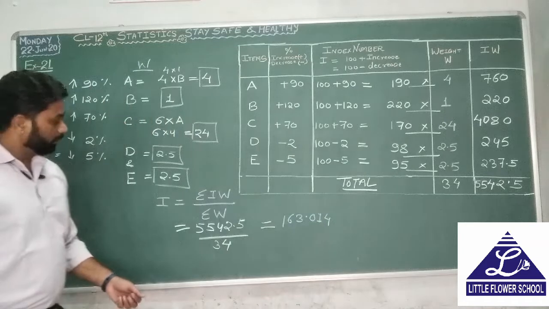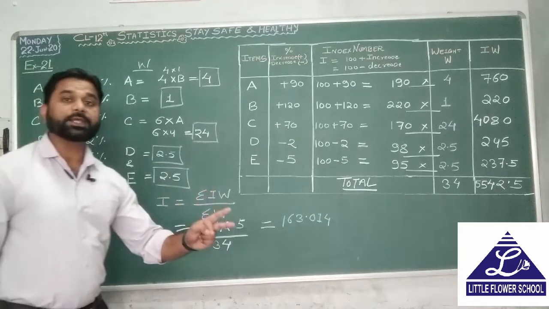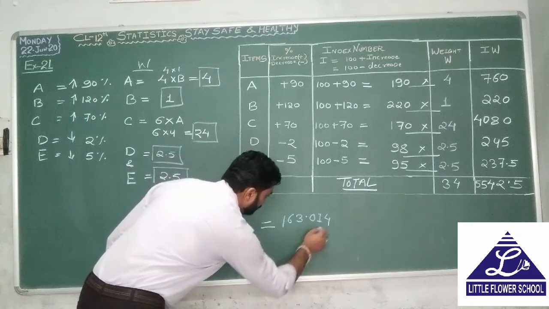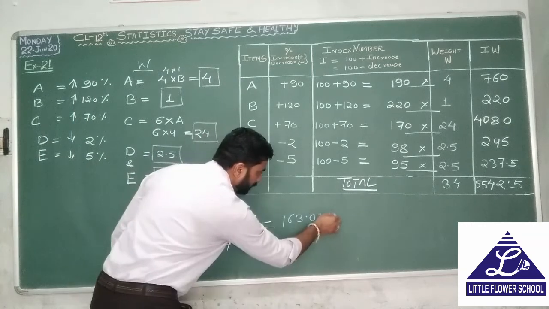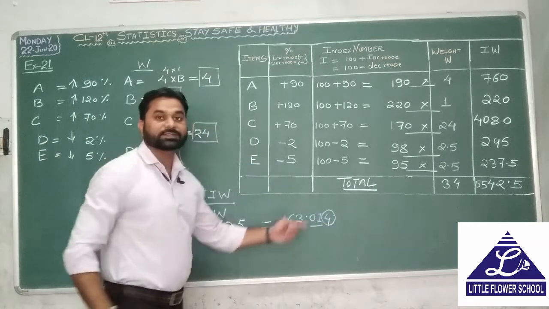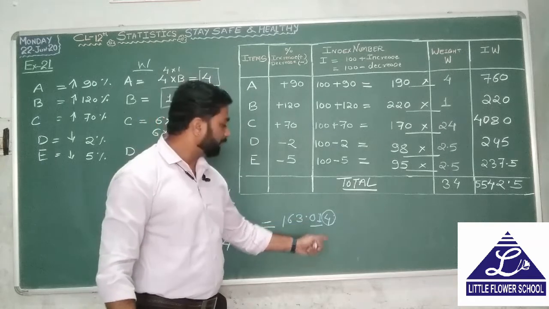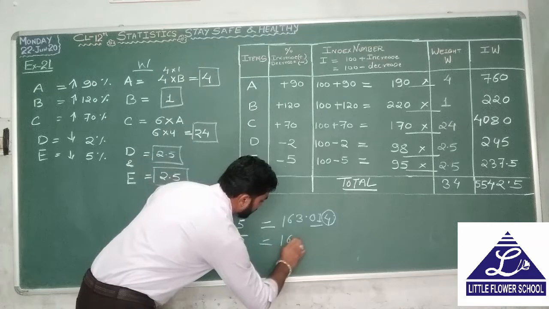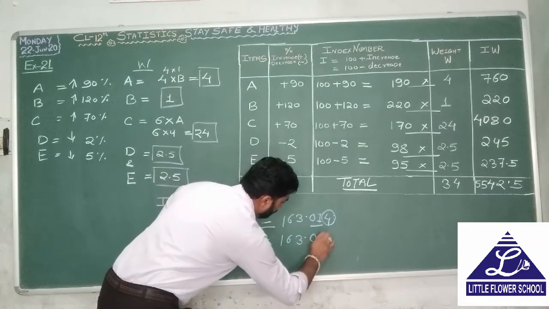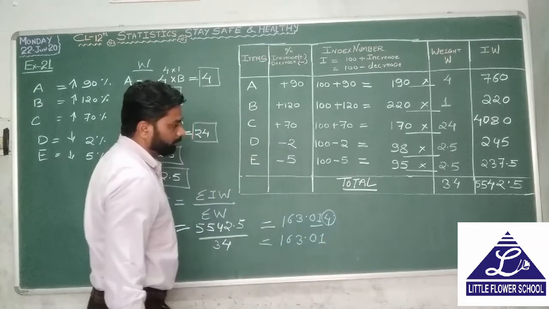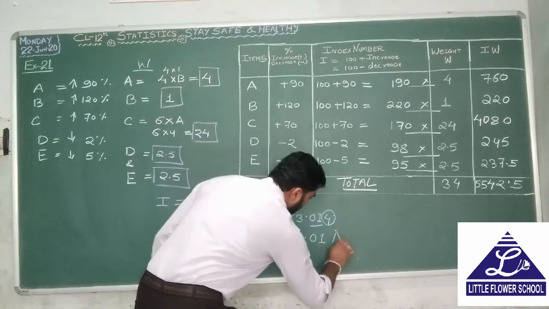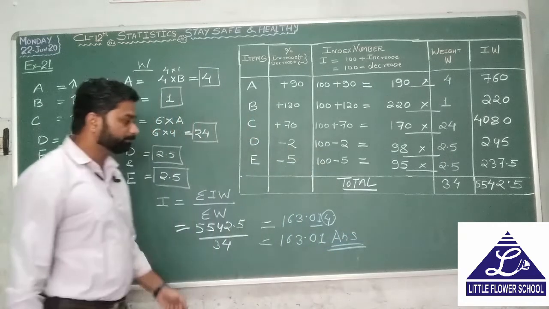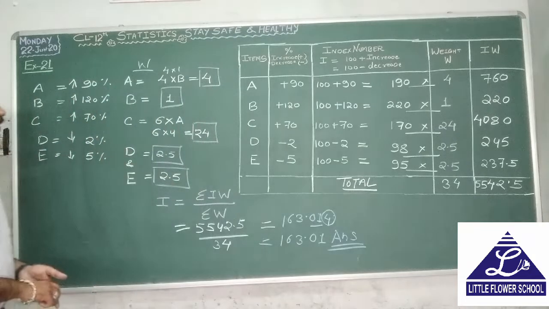We need 2 places after the decimal. The third place is 4, which is less than 5, so it will remain the same. So it will be 163.01. Now this is the answer.